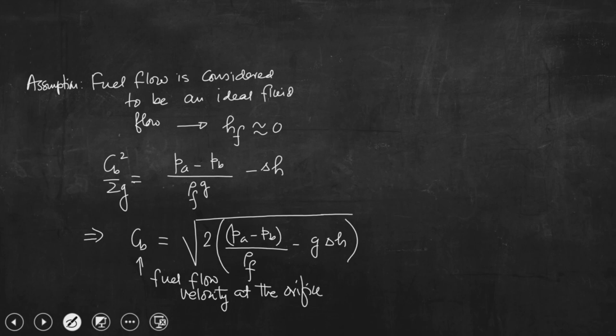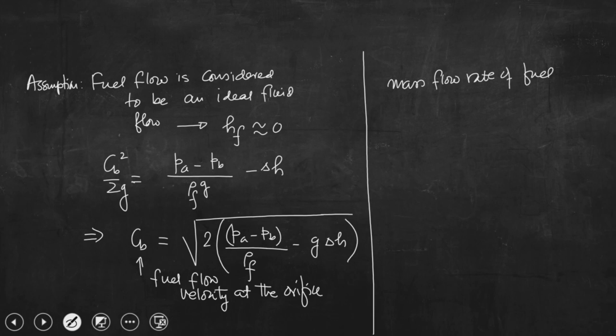So, now if we know the fuel flow velocity, then we can calculate the mass flow rate of fuel: m dot f equal to density of fuel at section B, that is rho f, times area of the orifice at section BB, that is AB, into CB.